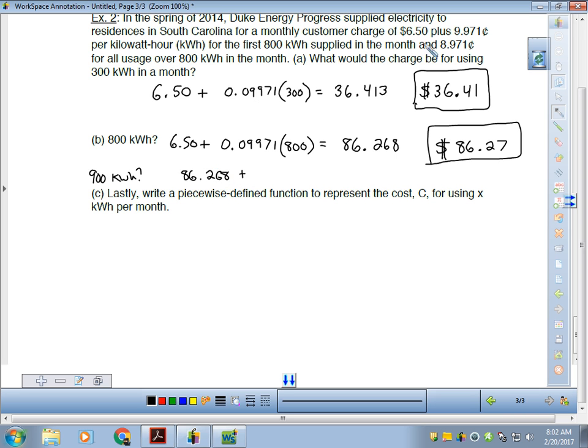But then after that, I get charged 8.971 cents for all the usages over 800. So I'm going to have that 8 cents and the 971 at the end. Okay. And then I have to multiply that by how much over I am. Well, how much is 900 over 800? Well, 900 is 100 more than 800, so I'm 100 over it. So I have to multiply that by 100.